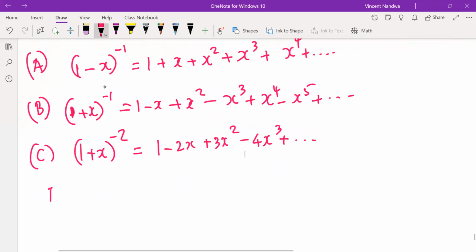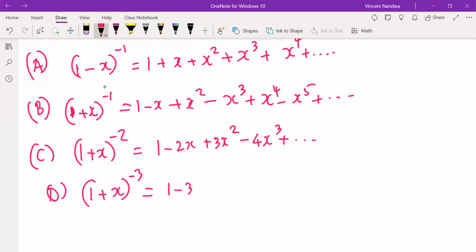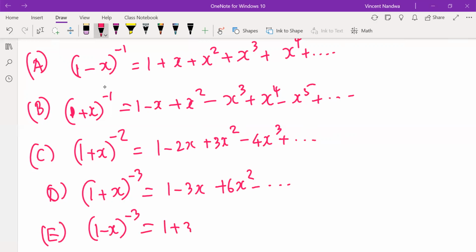D, if I have 1 plus x raised to the power minus 3, I'll have 1 minus 3x plus 6x squared minus several other terms. E, if I have 1 minus x power minus 3, it is 1 plus 3x plus 6x squared plus several other terms.